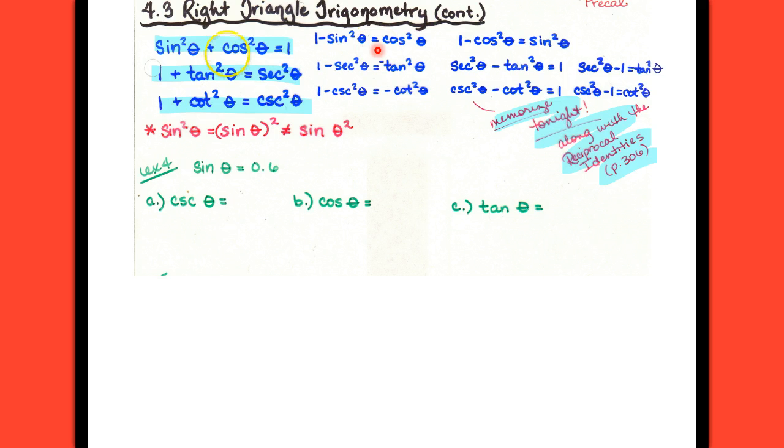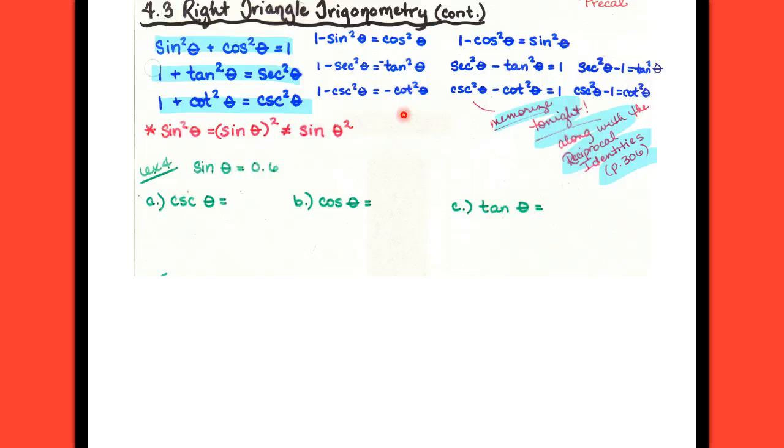Or if we come back to the original and this time we subtract the cosine squared over to the other side, that'd be 1 minus cosine squared is equal to sine squared. So there are lots of different ways that we can turn these identities around. They're equations, so you can add and subtract things over to each side. And so I've just tried to show you, even though these are the three identities, some of the alternate ways that you might see them given where we have turned the equation around.